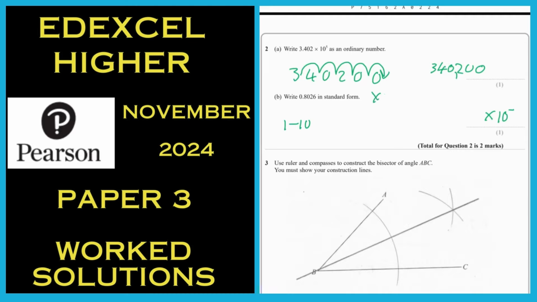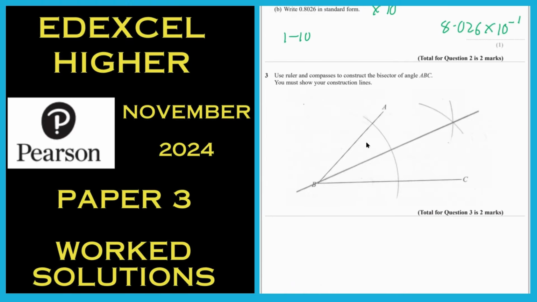And the answer is, you only need to do it once. You would times it by 10 to get 8.026. And because you've only multiplied once, there we go. And as I've said, negative powers mean small numbers, small meaning below 1.